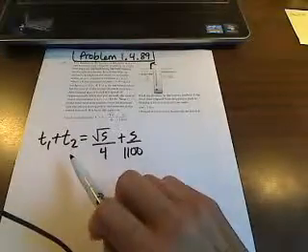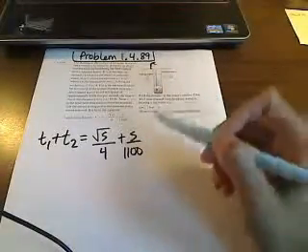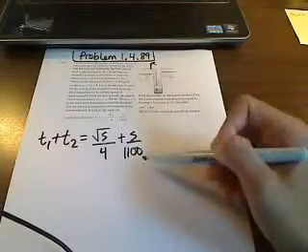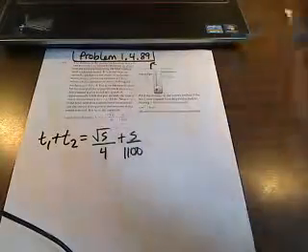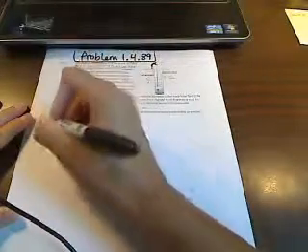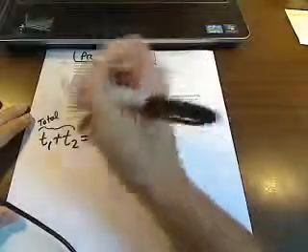You would add the t1 and the t2, and it's equal to the square root of s over 4 plus s over 1100. And this right here is representing total elapsed time.